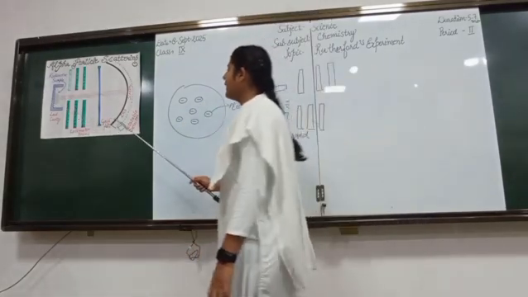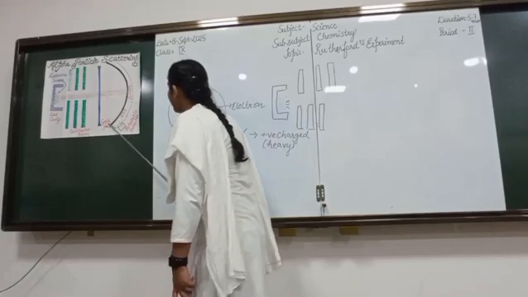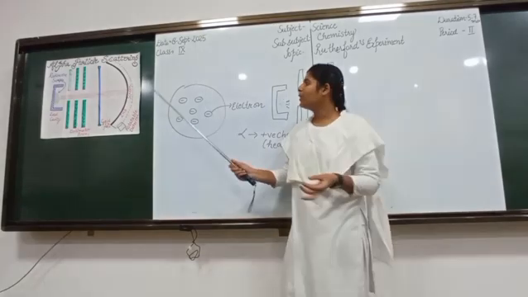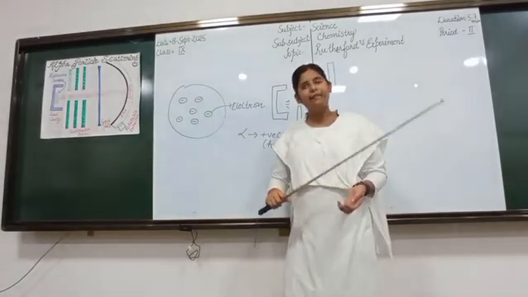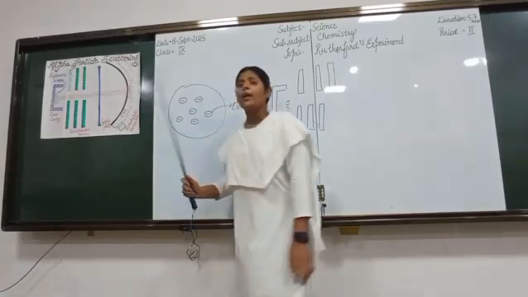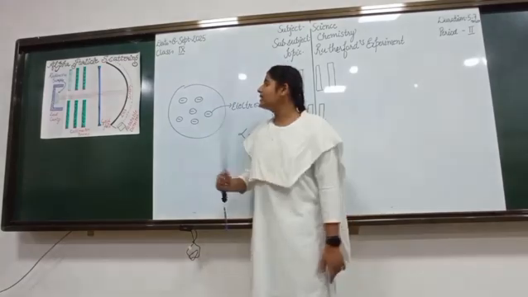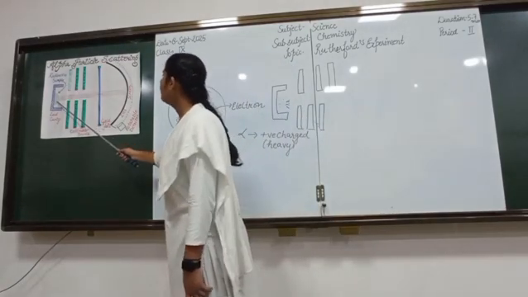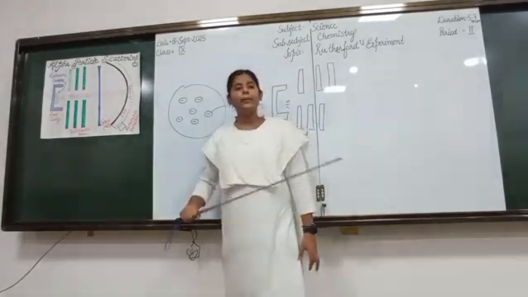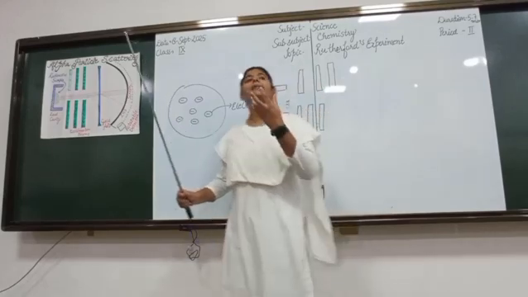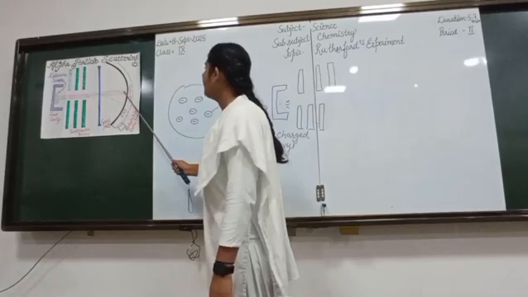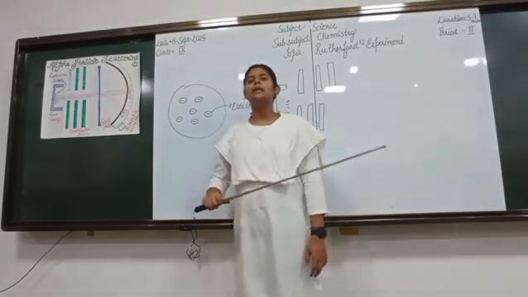Now we can see that we have taken a very thin gold foil, which is 2 into 10 to the power minus 17 meters thick, and then we have taken a zinc sulfide screen. Why have we taken the zinc sulfide screen? Whenever the alpha particles from the radioactive sample cross the gold foil, there will be illumination, or bright spots, or scintillations when the alpha particles hit the zinc sulfide screen.